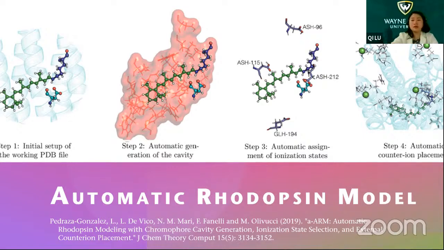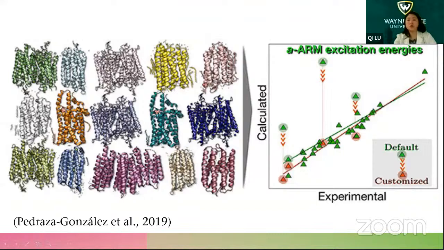Then they try to align their calculated model to the experimental data. After the two align well together, this model will be quite a precise model that can simulate different rhodopsins, known or unknown.